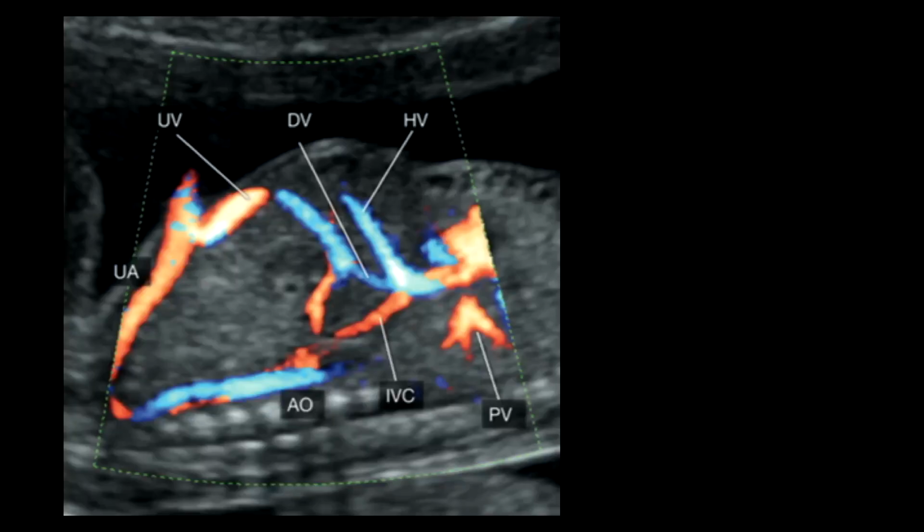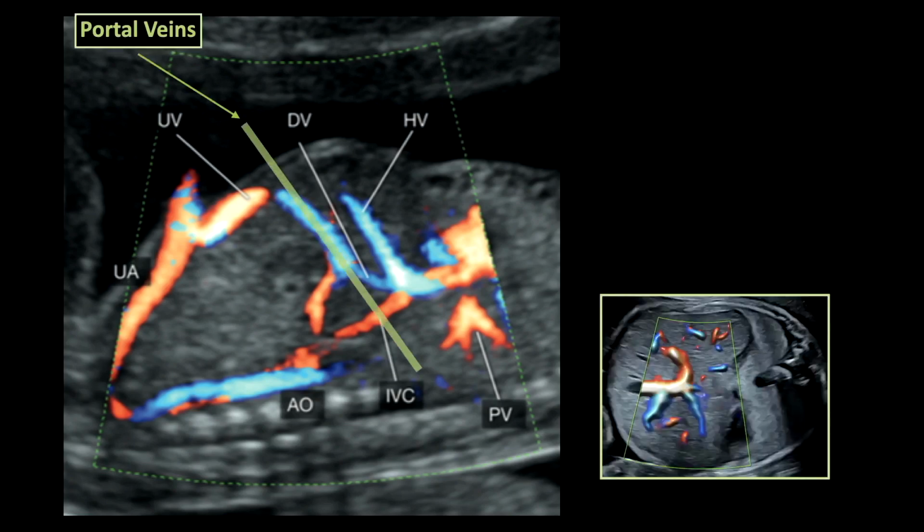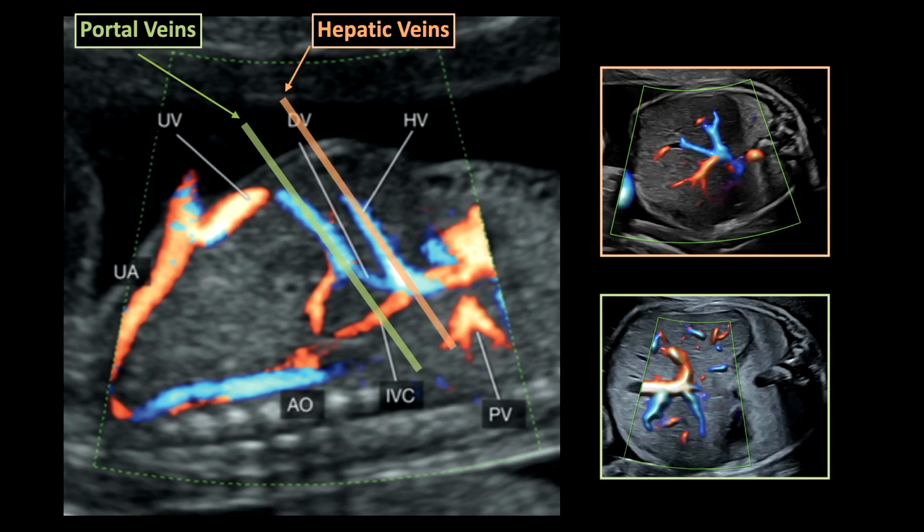If you look at the fetus in a sagittal view, here you have the umbilical vein coming in, and here's the portal sinus as you see. So that is the portal venous system, and the drainage of the liver is by the hepatic veins. And here in this view, you see the middle hepatic vein, and that's the hepatic venous system. You see how they are in two planes.